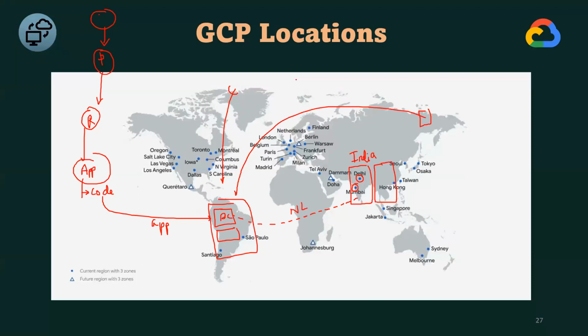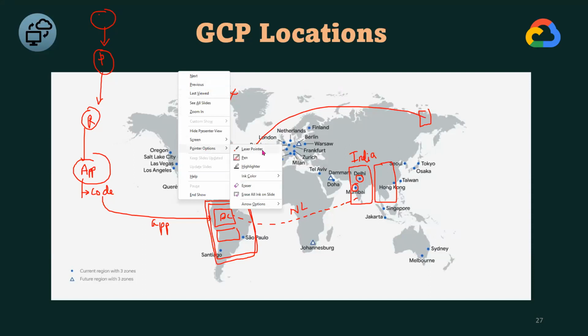For that reason only, there is the concept of GCP locations. Otherwise, instead of renting data centers in India, they could just keep their entire data centers in some jungle and run them from there. So this is the concept of GCP locations.